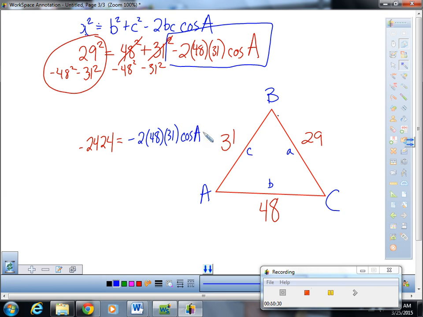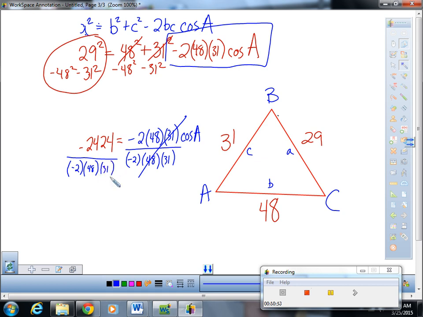Okay? So we're trying to get cosine of A by itself. So now we will divide each side by a negative 2 times 48 times 31. So those are all going to be gone, but I got to divide this by negative 2 times 48 times 31.